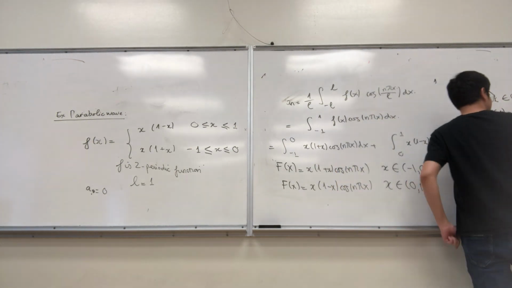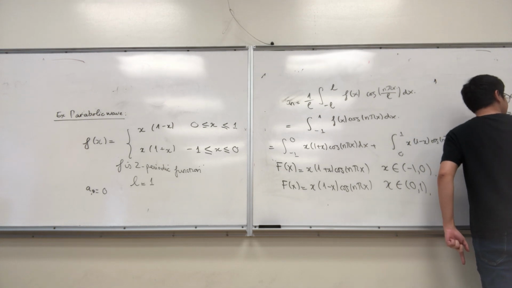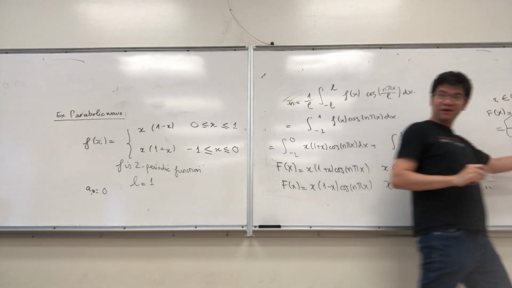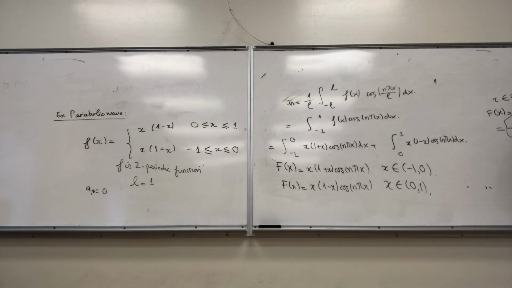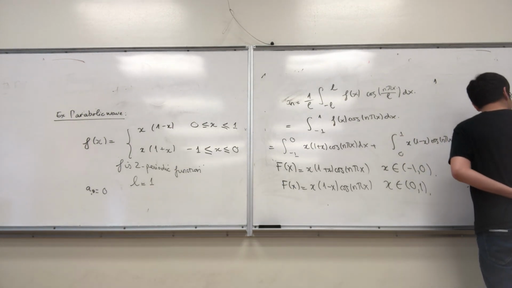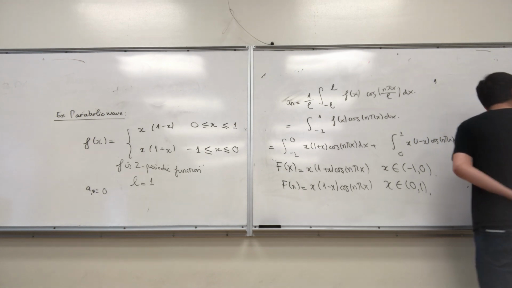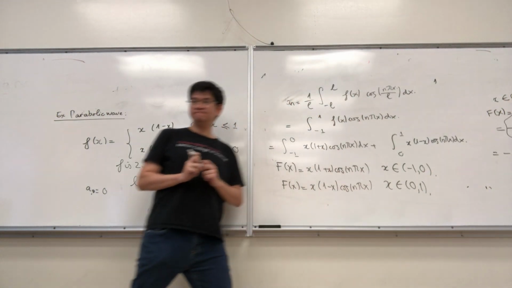So x is minus x, 1 minus x will be 1 plus minus x, and cosine of n pi x will be cosine of n pi minus x. So this is the form that we have here, except that we have a new minus. So this is minus of f of minus x. Is it clear?